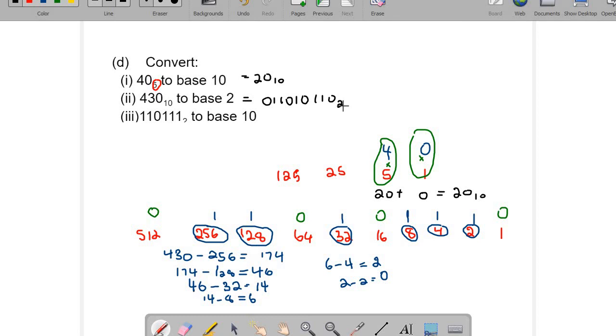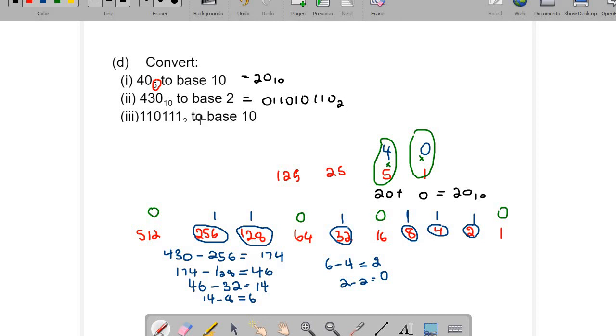And our subscript 2 is very important as well. Without it, that would be 11,010,110. So this is not base 10, it is binary or base 2. So we have to remember to include our subscript 2.